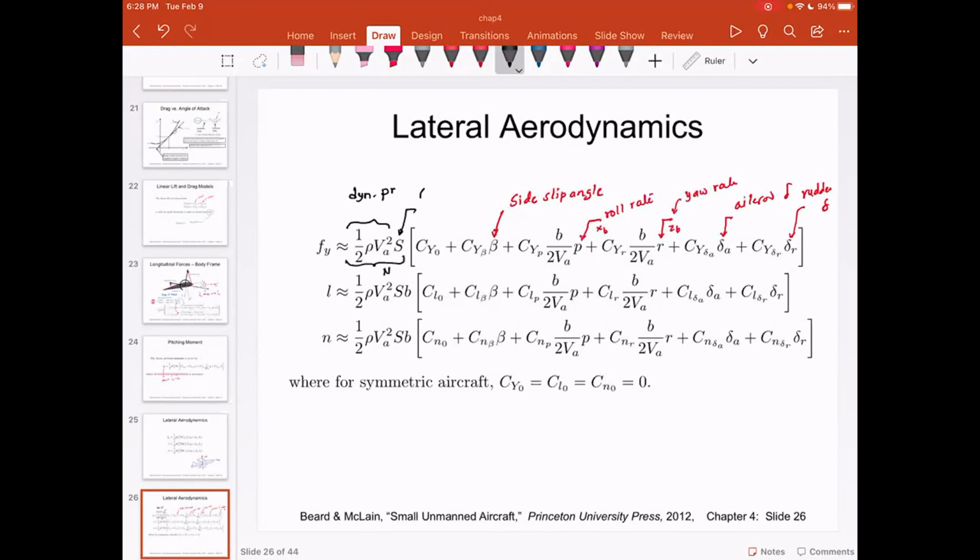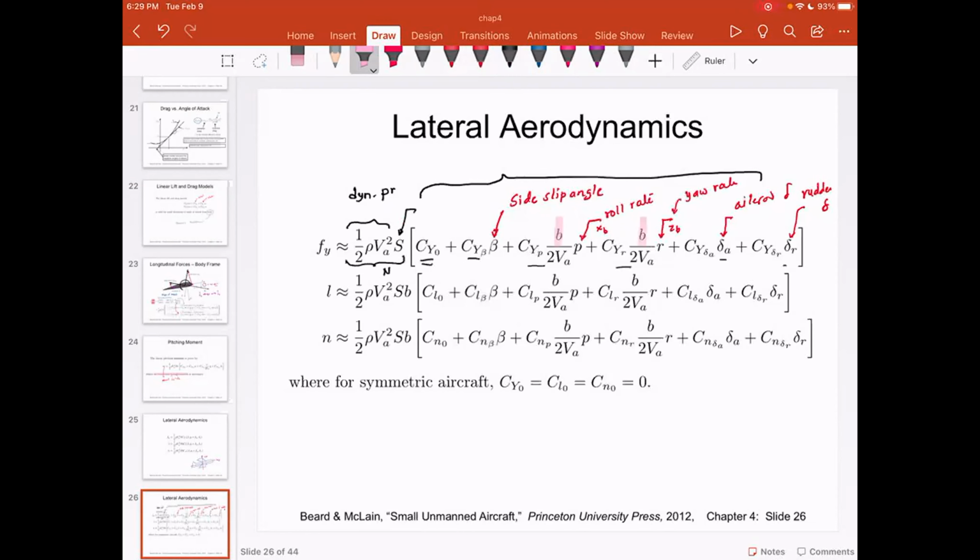And everything else over here is nothing but a dimensionless quantity, which is obtained by a constant gradient with respect to side slip, gradient with respect to roll rate, gradient with respect to yaw rate, and then you have aileron and rudder.